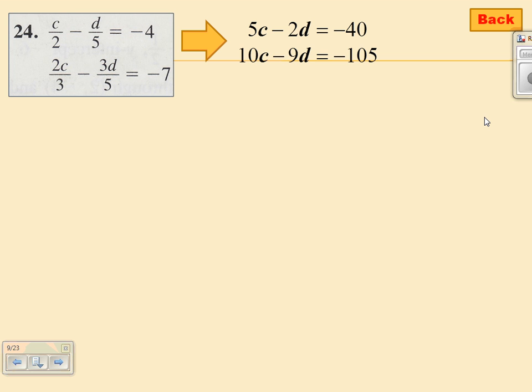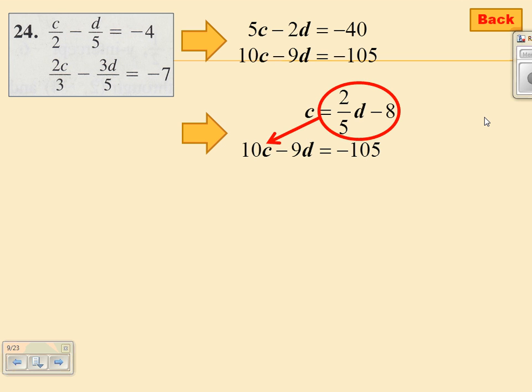I then want to get c by itself on the top equation. So I got c by itself on the top equation. So I got c equals 2/5 d minus 8. I skipped some steps there, but all I did was try to get c by itself on the top equation.